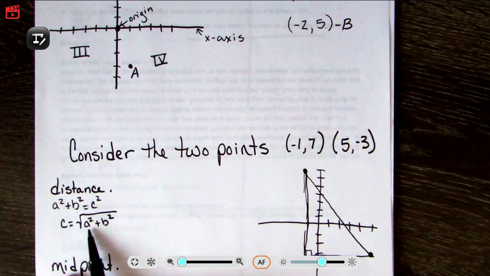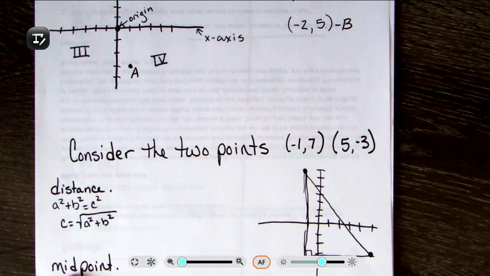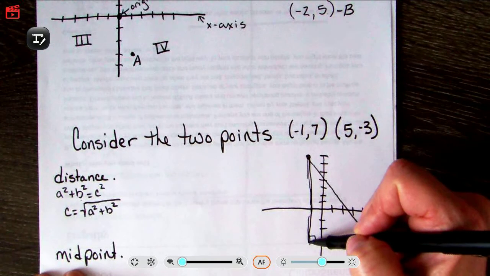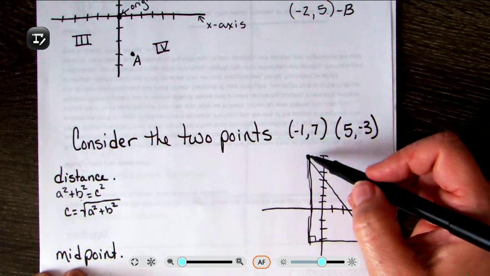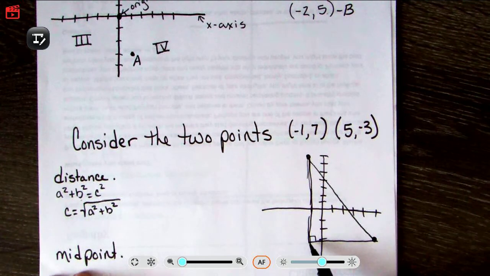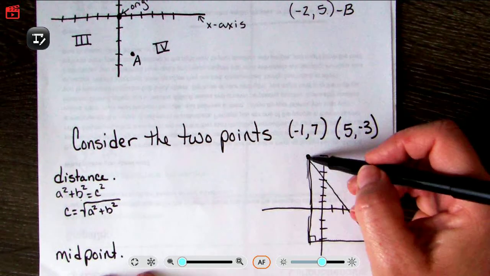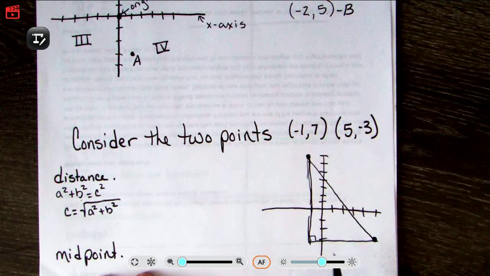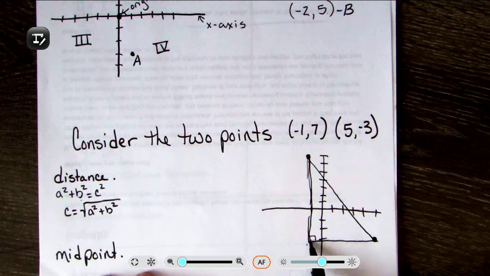Now what we need to do is figure out 2 ways to represent a and b. So how do we find the length from here to here? That is going to be the change in those y values. How we change from here to here. This guy is going to be the change in our x values.